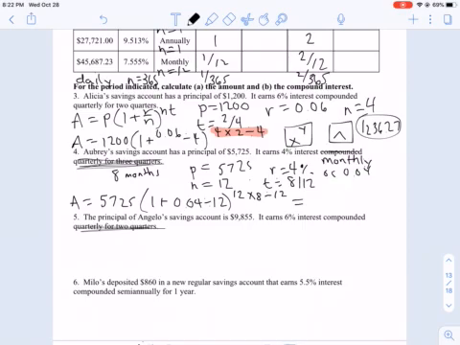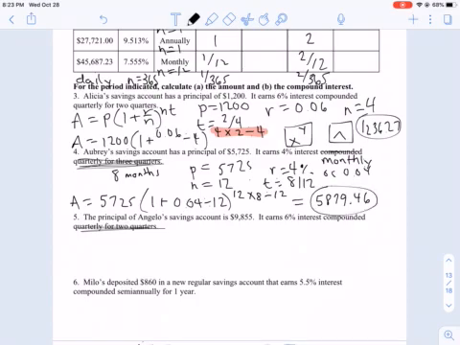All right, so here we go. 5,725 times 1 plus 0.04 divided by 12 raised to the 12 times 8 divided by 12. We get 5,879.46. Don't forget to round to the cents.